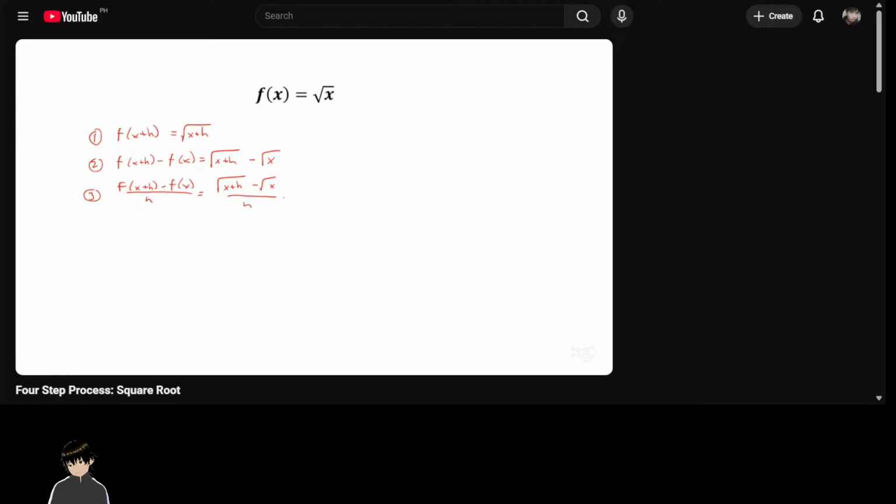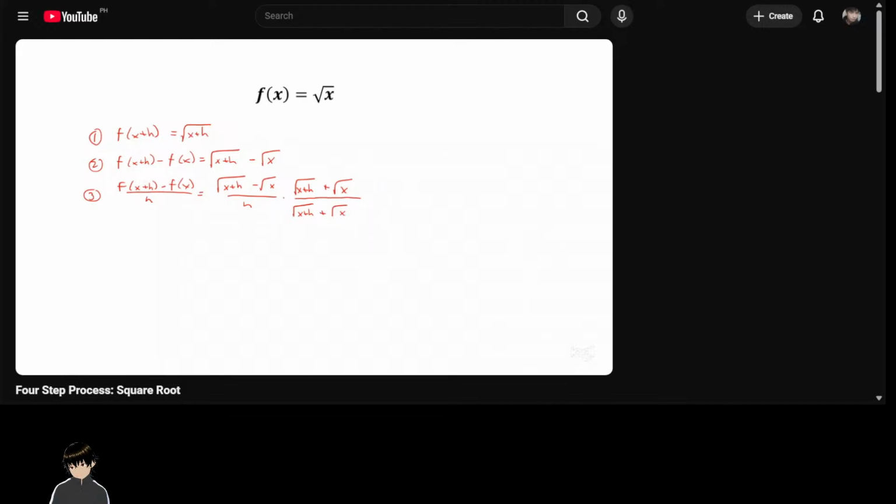And this is where there's a trick, because these square roots are causing us some problem. So we're going to multiply by the square root of x plus h plus the square root of x, divided by the same. We're multiplying by the conjugate: a minus b times a plus b is a squared minus b squared. So our numerator becomes x plus h minus x, all divided by h times the square root of x plus h plus the square root of x.